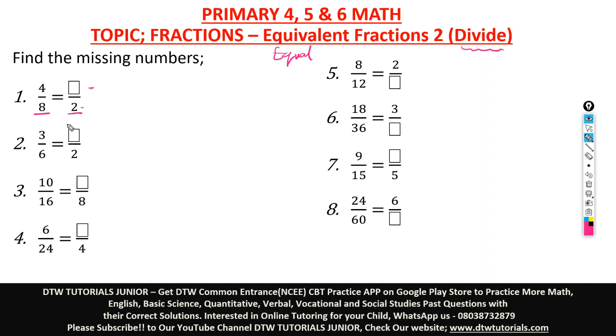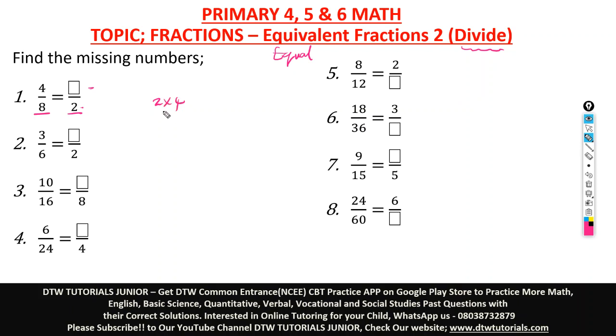So 8 divided by what will give you 2? You have to try to find out. Look at your multiplication table and look for 2 times what gives you 8. 2 times what gives you 8? 4, right?